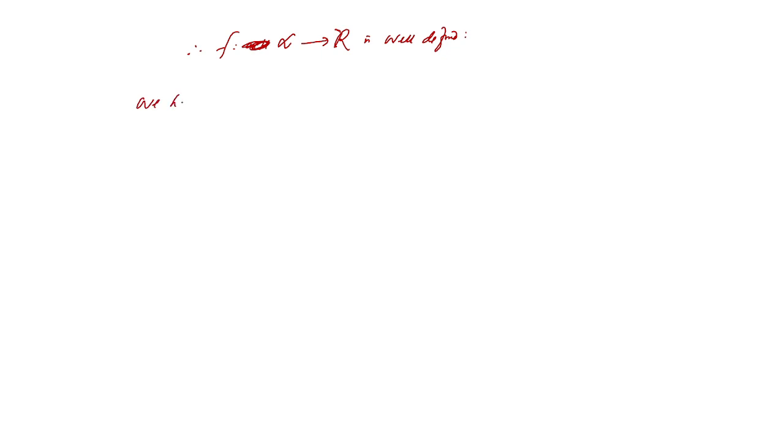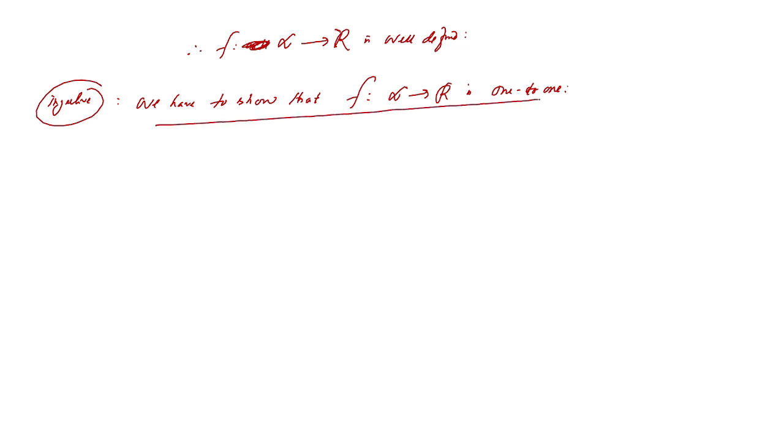So next for injective, we have to show that the function from L to R is injective, one to one. That we have to show. Okay, how will we show?